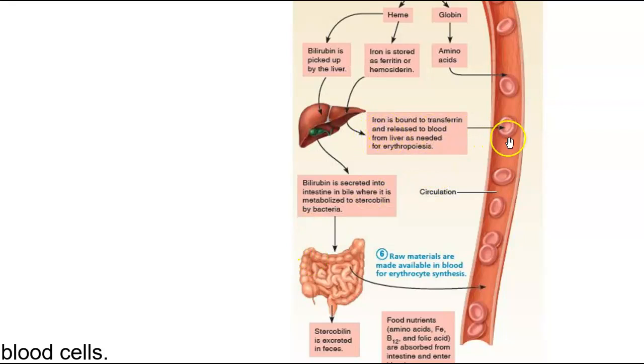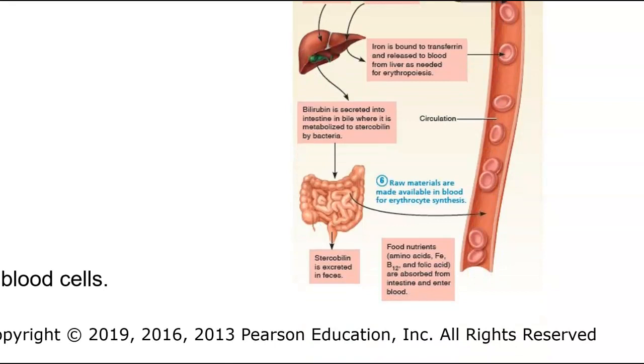The iron is bound to transferrin, and it's just recycled. The globin portion of hemoglobin is broken down into amino acids, and those are also recycled and used to make new proteins. The raw materials from your diet are made available in the blood to help synthesize erythrocytes. And that's going to be our nutrients: amino acids, carbohydrates, lipids, and then iron, B12, and folic acid.